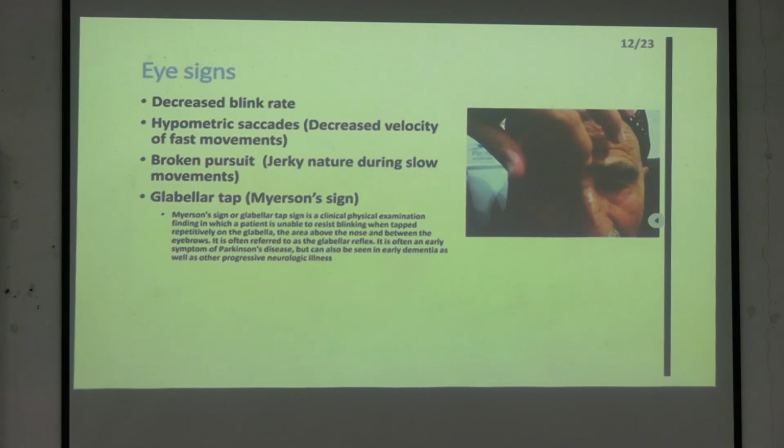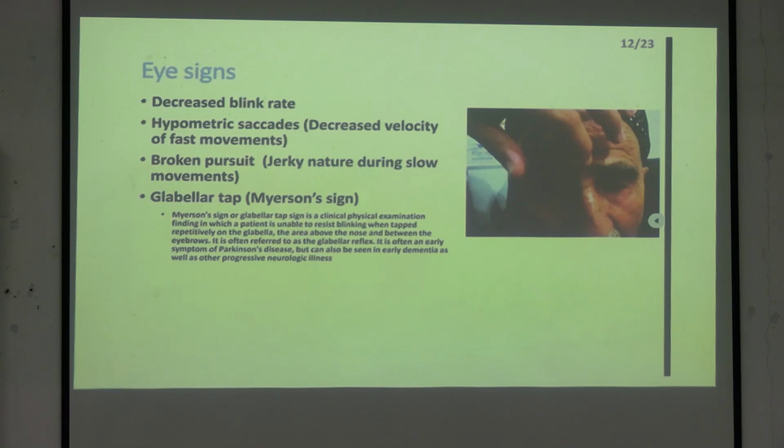Suppose you are running in a train and looking at an object outside. Then there is a sudden movement of the eye to the right side, then gradual coming back to the middle. The sudden movement is called a saccade. The saccadic movement will be very slow here. There is broken pursuit, and glabellar tap. This is very important. Another one, the glabellar tap, what is it called? Myerson's sign.